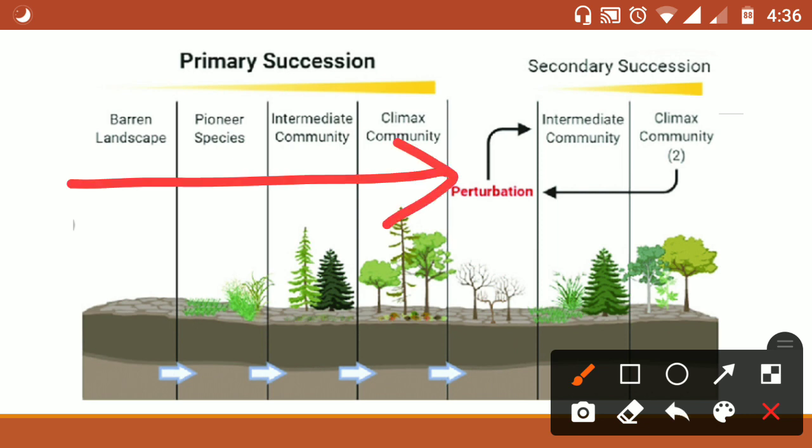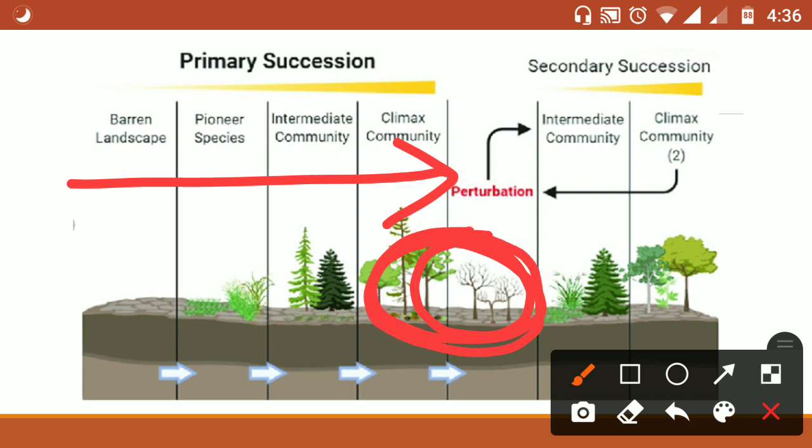Now what happened is, somehow this forest got destroyed, maybe by fire or any disaster impact. Let's suppose this forest is destroyed by fire. Now it will be regenerated, and that will be called secondary succession.